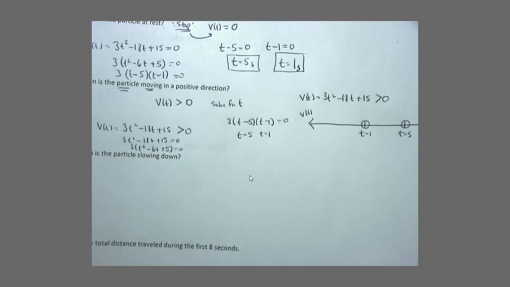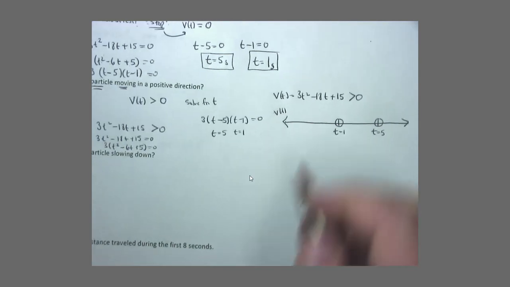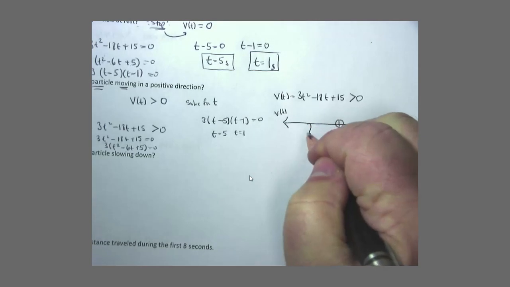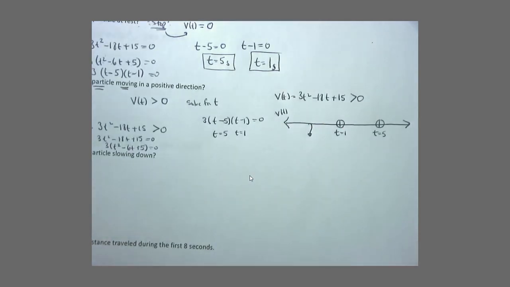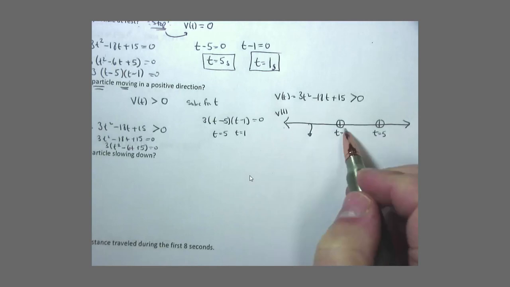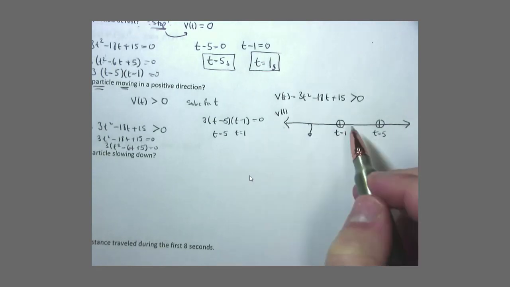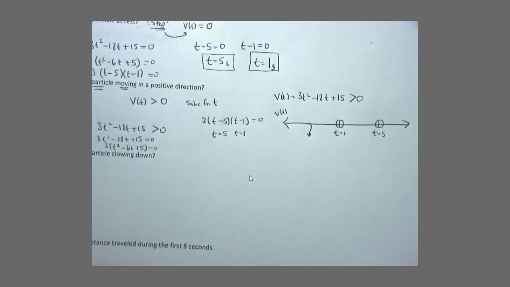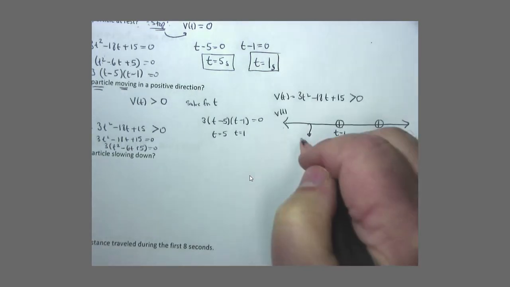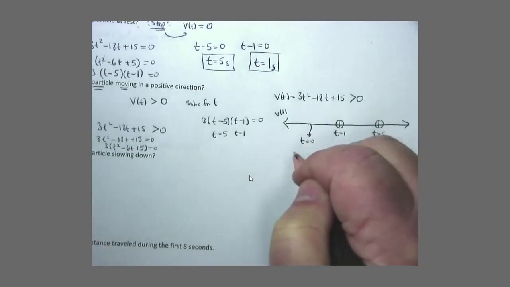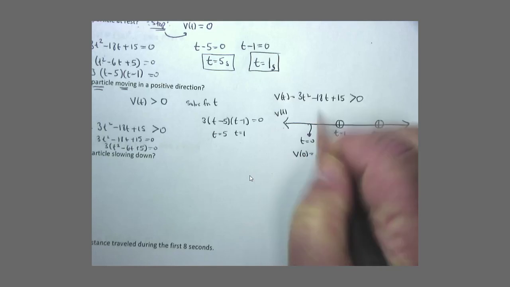But now what you're going to do to solve a quadratic inequality is do test values. All right, here we go. Here's negative infinity all the way up to 1. Pick a number, use your brain, between negative infinity and 1, and plug it into the velocity equation. Good choice: time equals 0 is in here. I'm going to do v of 0, the velocity at 0.